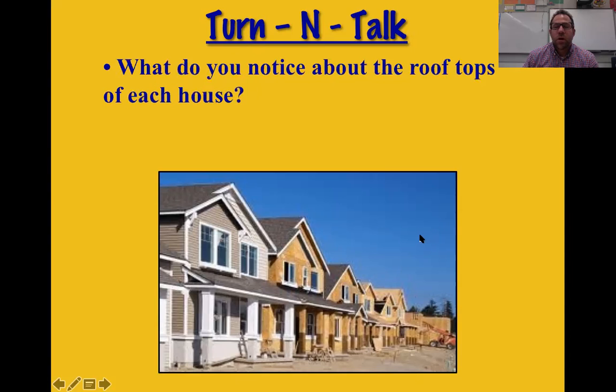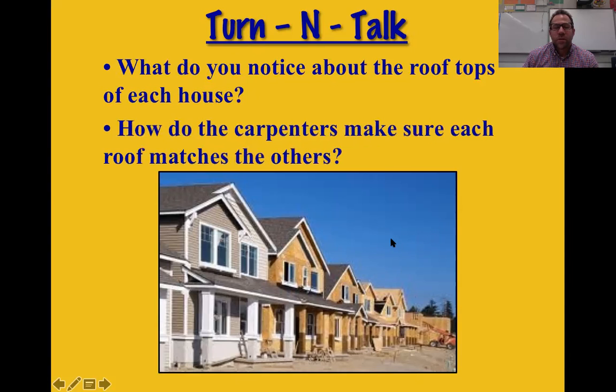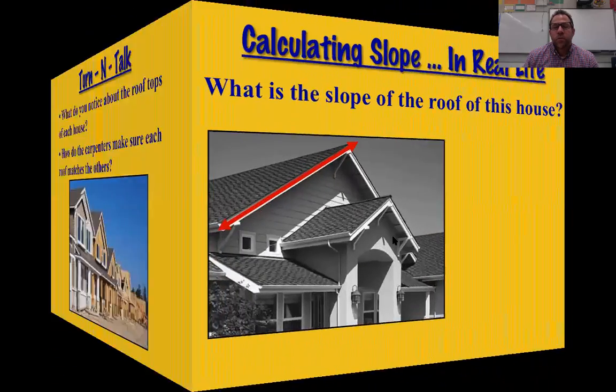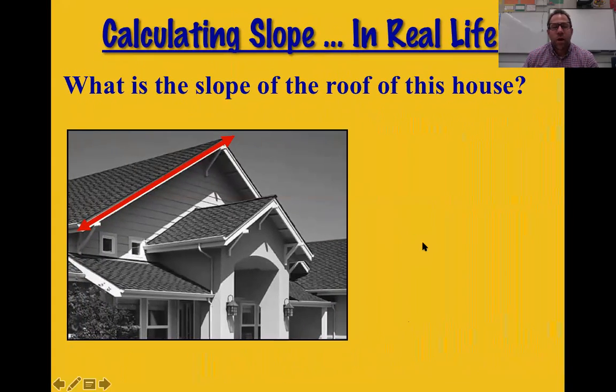So real simple, the carpenters and the architects, they have a concept of slope. So now we're going to actually look at this rooftop. If you notice the direction of this rooftop right here, the steepness matches the steepness of this little roof.